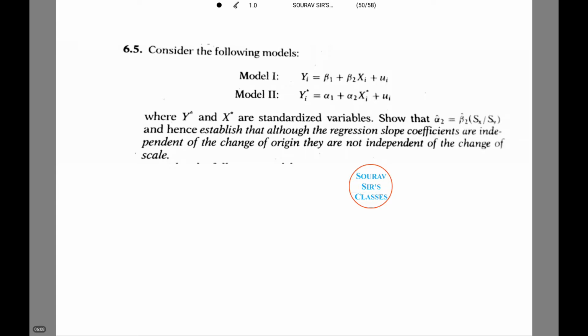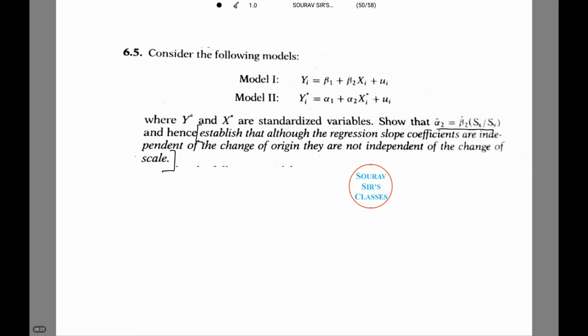We have to show that alpha 2 cap is equals to beta 2 cap Sx by Sy, and hence we have to establish that although the regression slope coefficients are independent of the change of origin, they are not independent of the change of scale. Let's see how to do this.